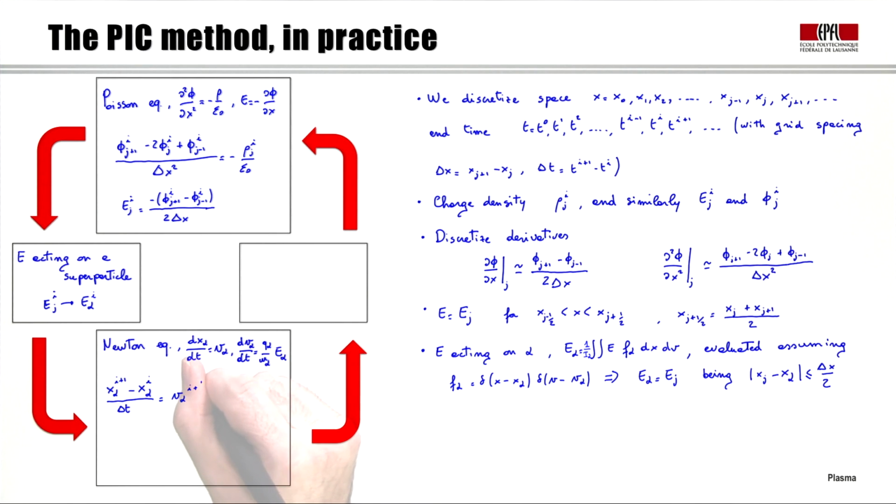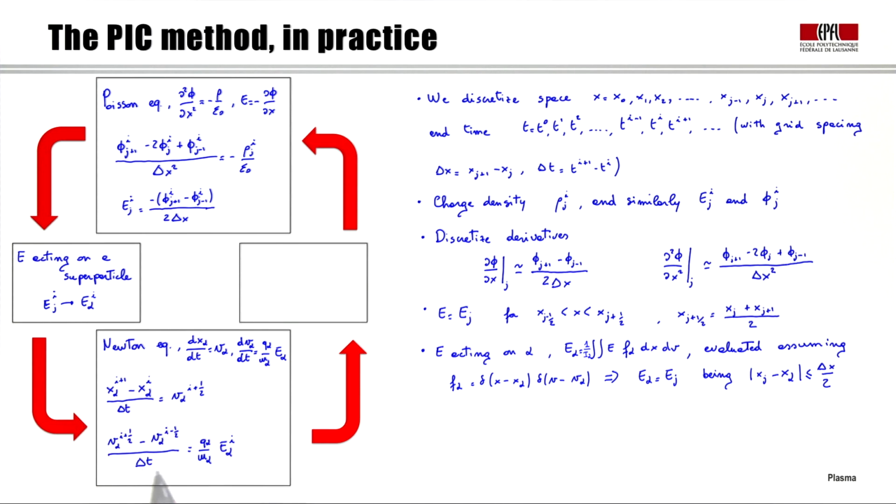We will consider it at i plus half, and with a similar law we will evaluate the advancement of the velocity. With this equation we can advance particle velocity and position.